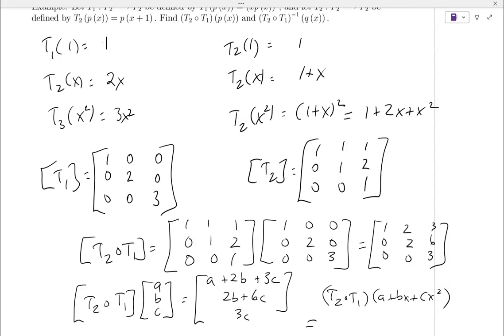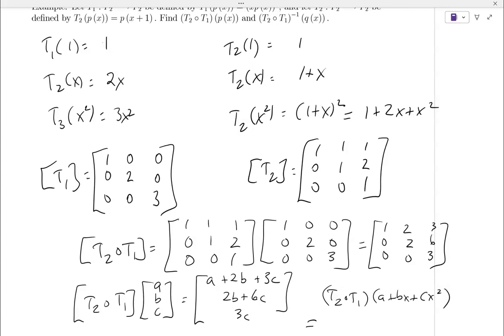These are coordinates with respect to the standard basis, 1, x, x squared. What's your constant term going to be? A plus 2b plus 3c. What's the coefficient on the x term going to be? 2b plus 6c. What's the coefficient on the x squared term going to be? 3c, yeah. Those are the coefficients.